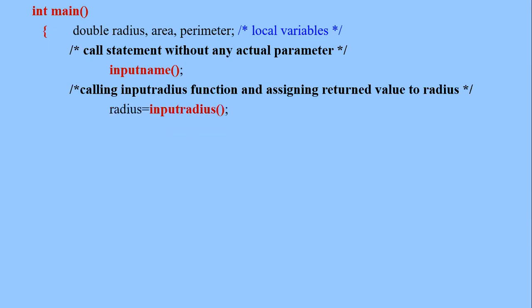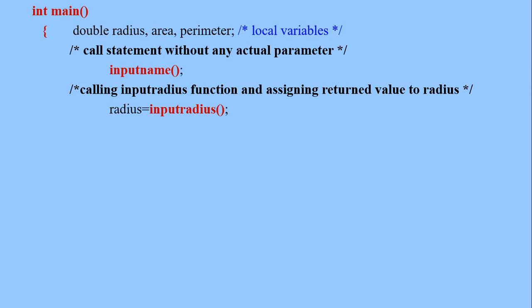This call statement is for a function called input radius. Once this call statement is encountered, the processor will look for the function called input radius and check where it is.